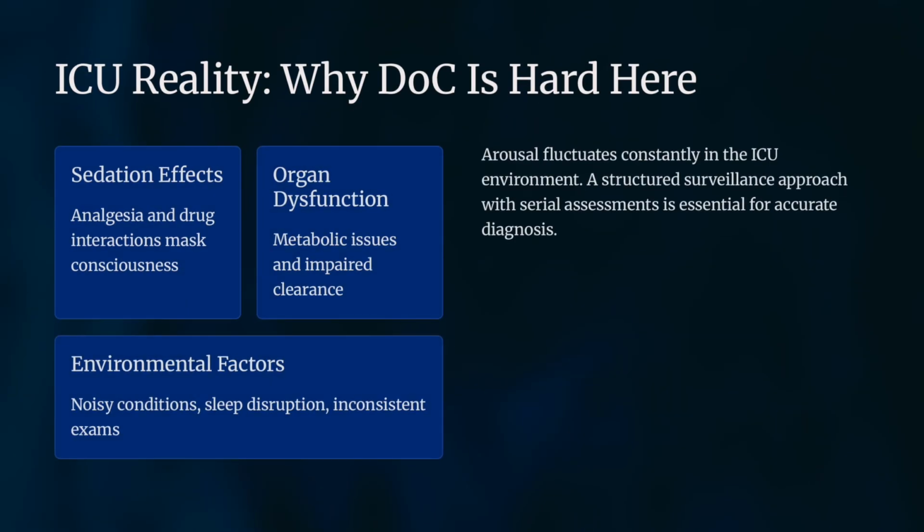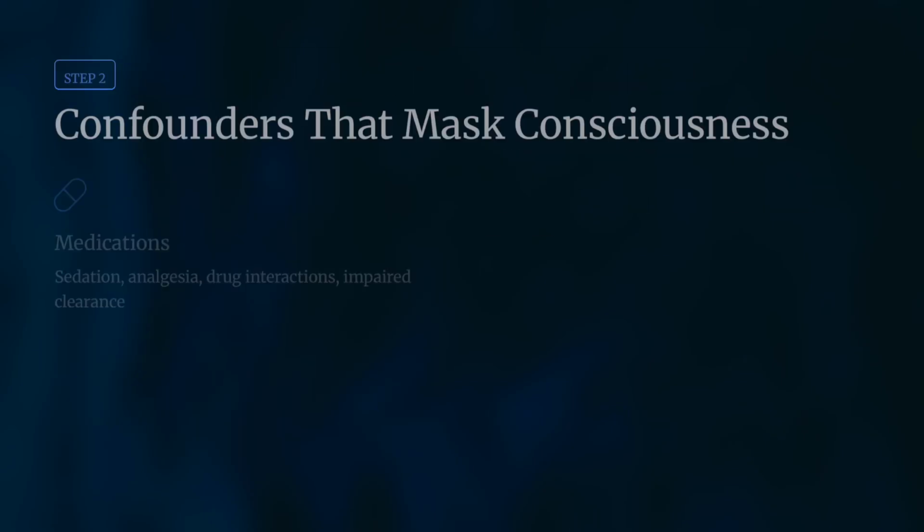So in the ICU, why is this going to be very hard? It is hard because we have confounders, like sedations and organ failures which can directly impact the brain. We have environmental factors like a noisy environment, sleep disruption, inconsistent examination. All these things can make the diagnosis of disorder of consciousness in the ICU very difficult.